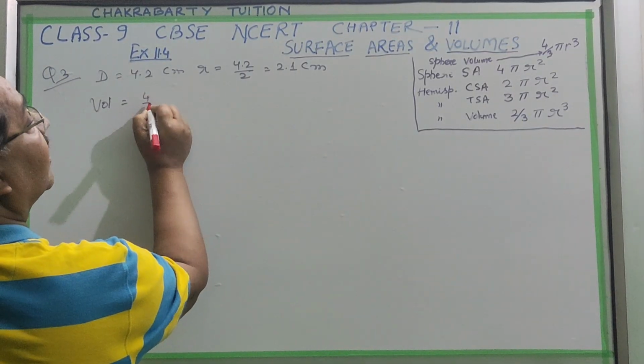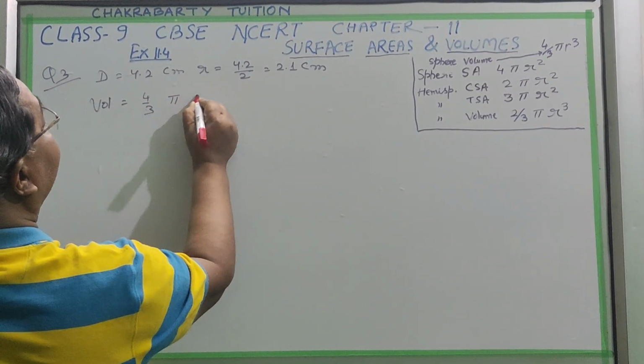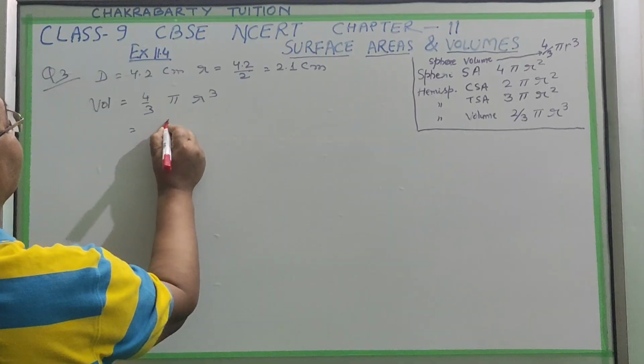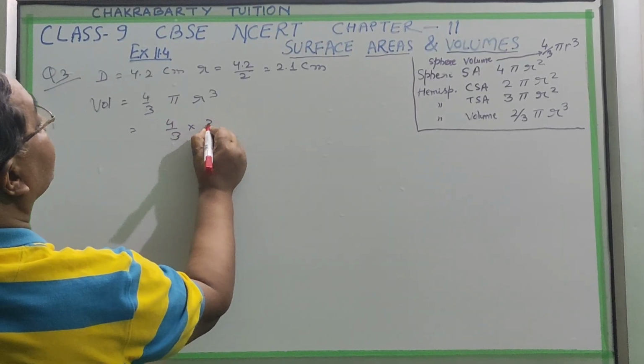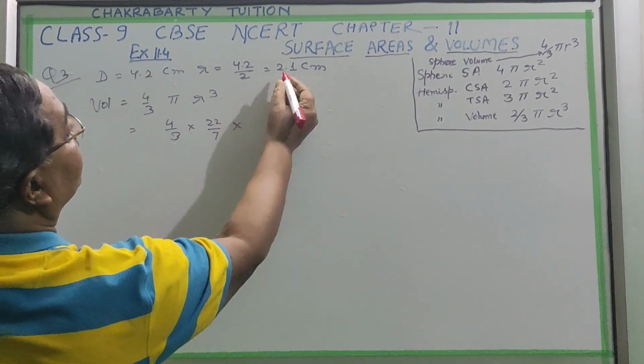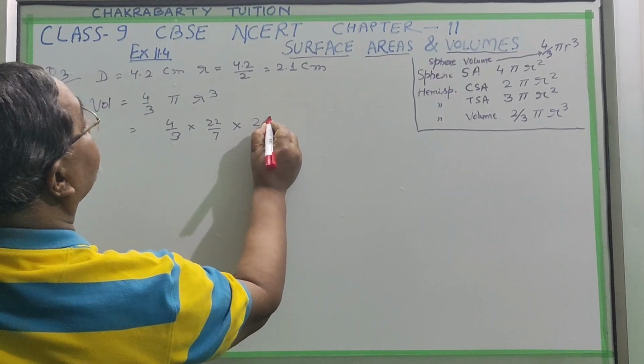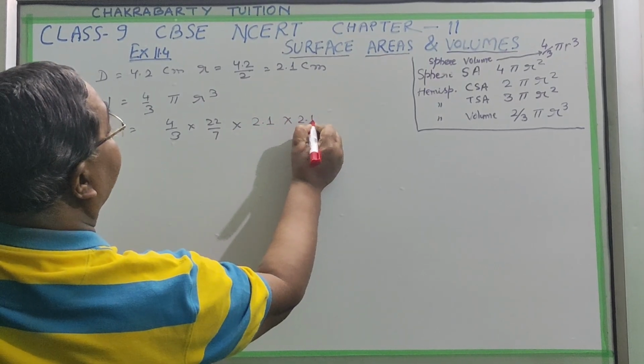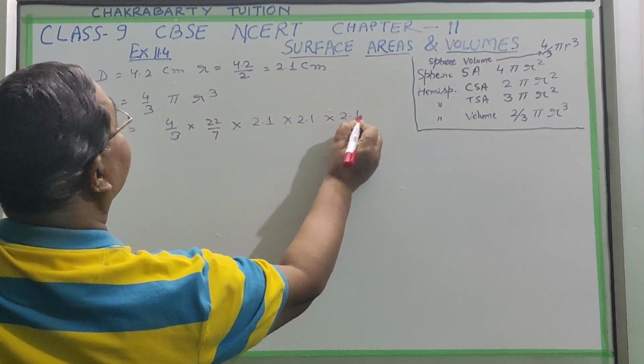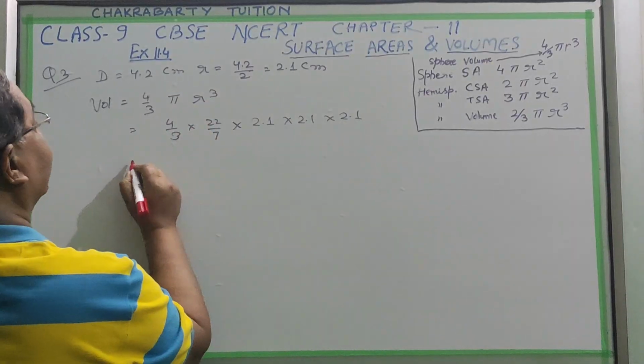So 4 by 3 pi r cube is equal to 4 by 3 into 22 by 7 into 2.1 into 2.1 into 2.1, because the radius is in the cube.